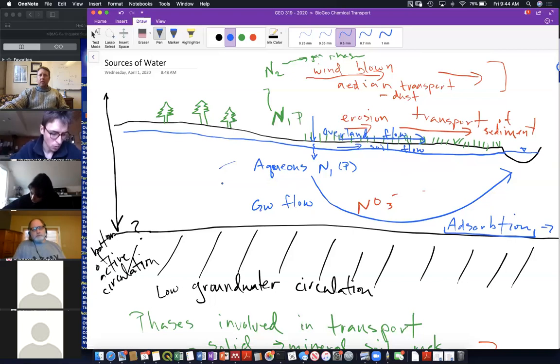And that you can really think about the feedbacks here between the ecosystem, weather, and the hydrologic system, and think about how you can affect these biogeochemical cycles. So if we affect the ecosystem here, we change the availability of nitrogen and phosphorus and the ways that it can be moved to our water body.